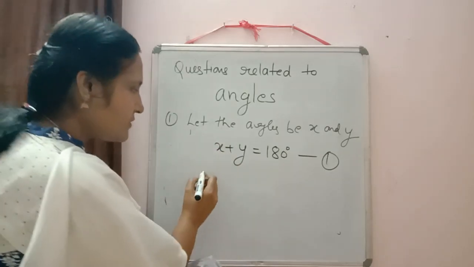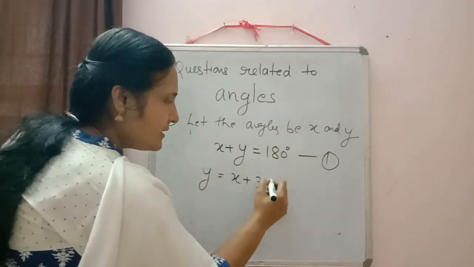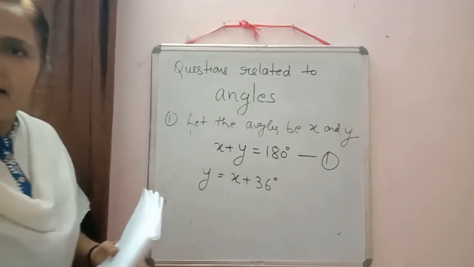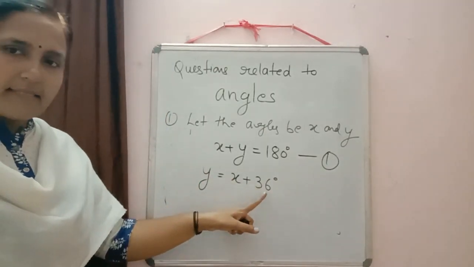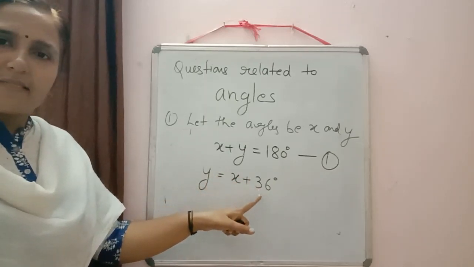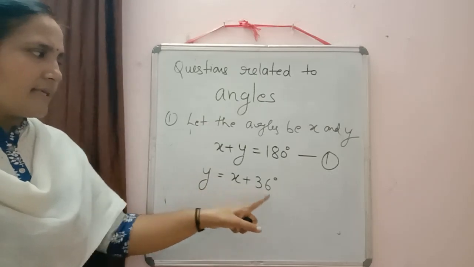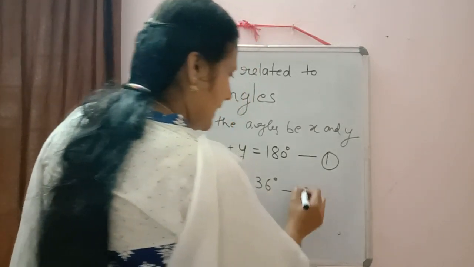So we can write it in this way: y is equal to x plus 36 degrees. Either y is equal to x plus 36 or y minus x is equal to 36 degrees. So this is our second equation.